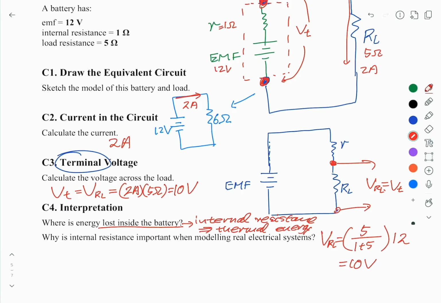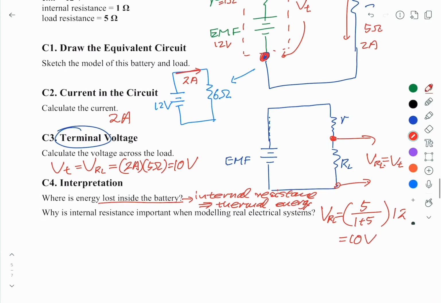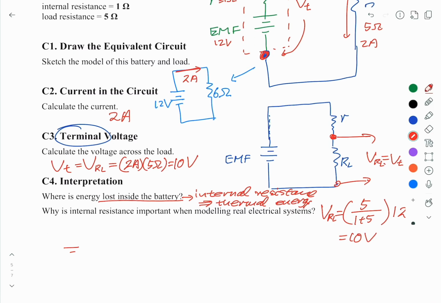Why is the internal resistance important when modeling real electrical systems? It is because if you look at the real battery here, the internal resistance is a reflection of very complicated electrochemistry happening inside the battery. So the r here is a number to model this complicated reaction.